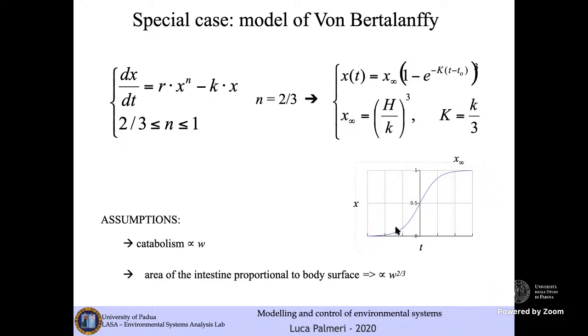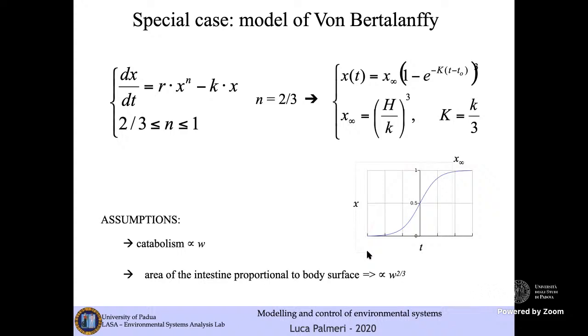Because the weight is a three-dimensional description of the dimension of the organism, while the area of the intestine that is available for absorbing metabolizable material is a quantity that is described in two dimensions.